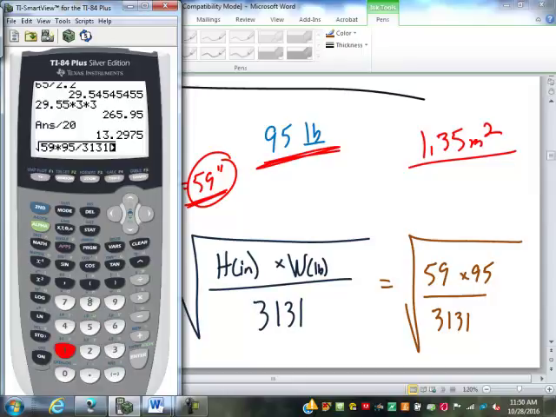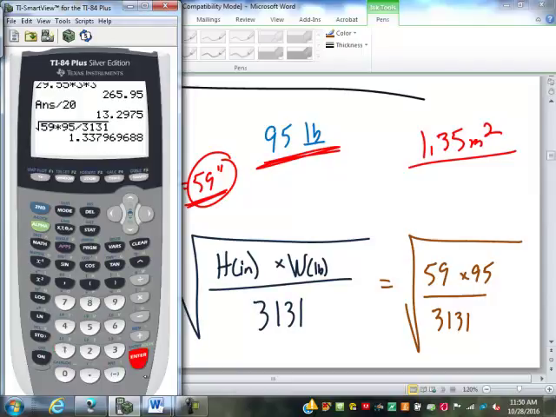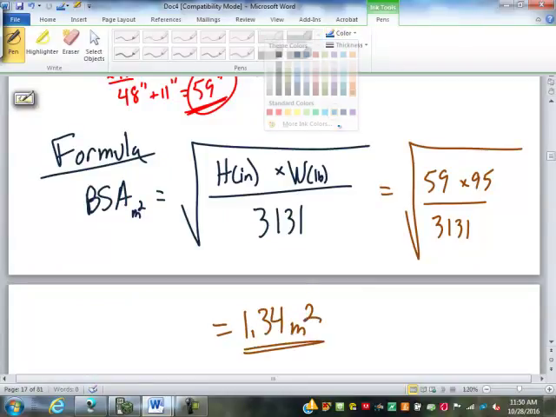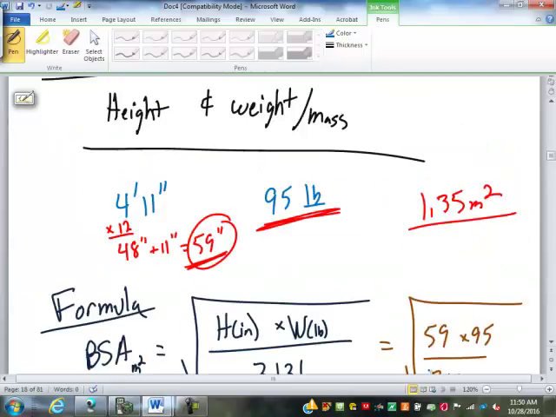And most of you would have to then close the parentheses to tell the calculator that you're going all the way to the end of that to do the square root. Hit equals, and you get 1.337, so 1.34. So you can see here the nomogram, we said between 1.34 and 1.35, somewhere in there. So 1.35 is pretty darn close.